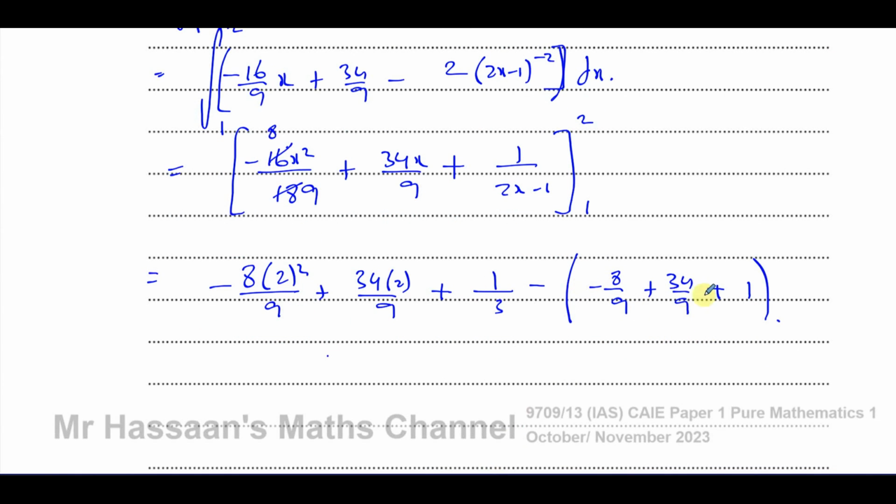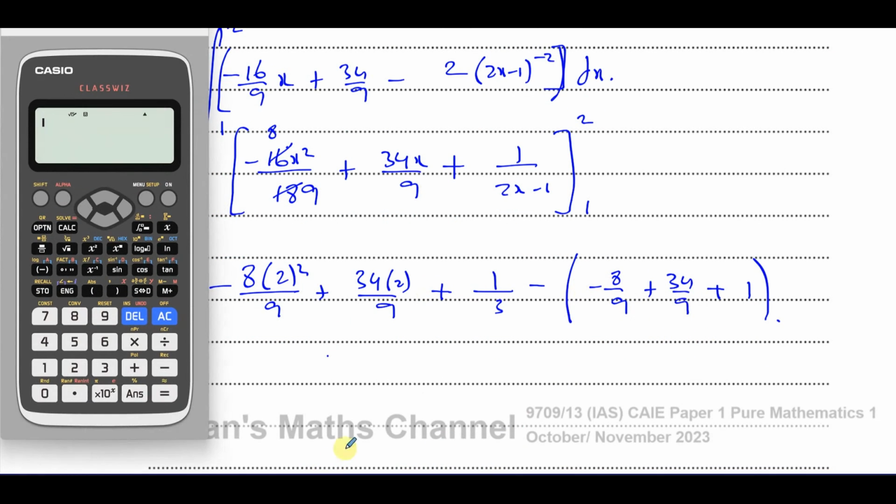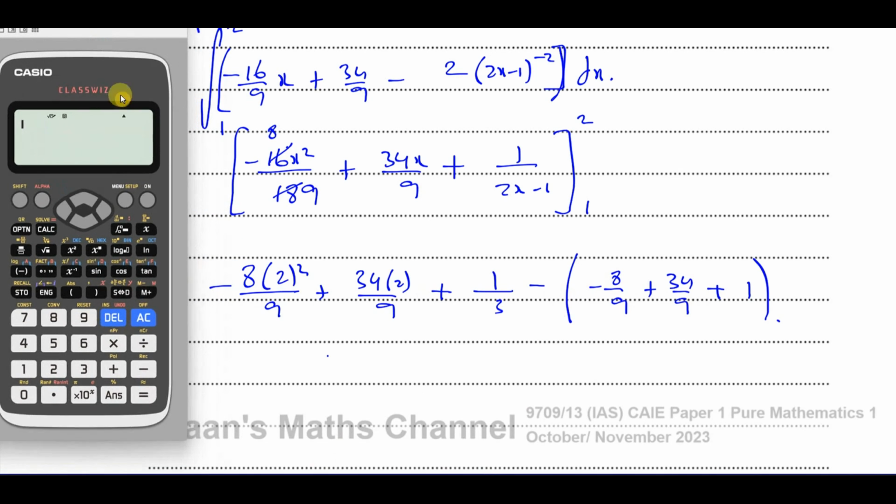Okay. And now when we stick this in the calculator, we should get the answer. This is negative, don't forget the negative there, negative 8 times 4, which is 32 divided by 9. And we're going to have plus 68 over 9, plus 1 over 3.